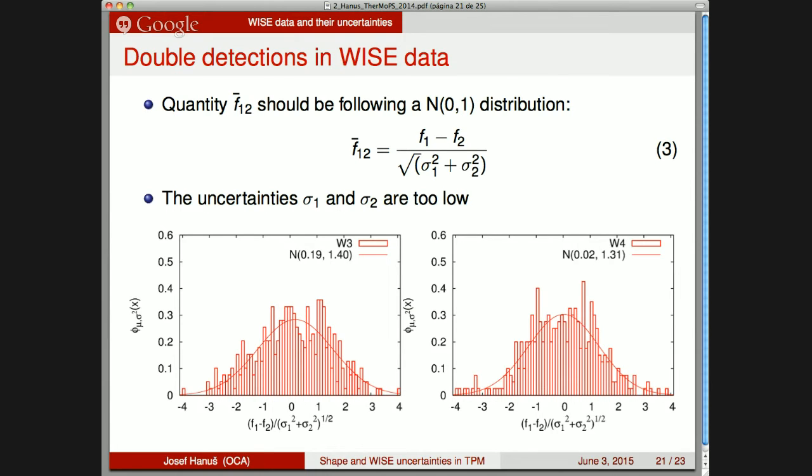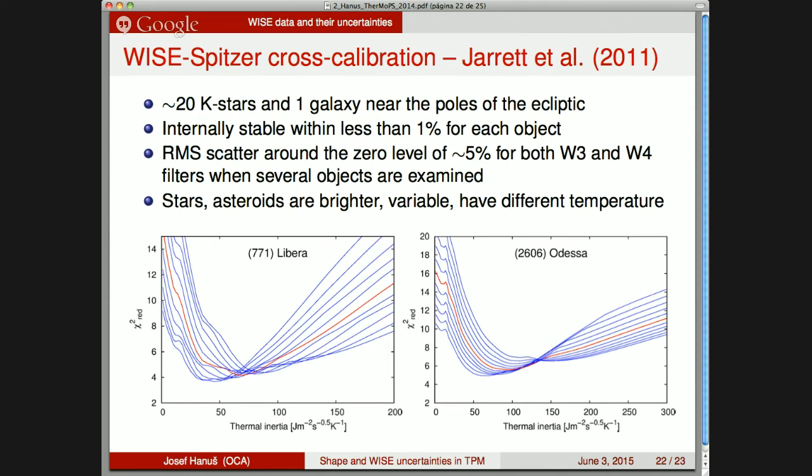And another thing is the WISE-Spitzer cross-calibration reported in Jared, who studied about 20 K-stars and 1 galaxy near the ecliptic poles. And these areas were observed by WISE basically constantly. So for the whole 9 months, they have observations of these objects, and they found out that internally the fluxes of these sources are stable within less than 1%.